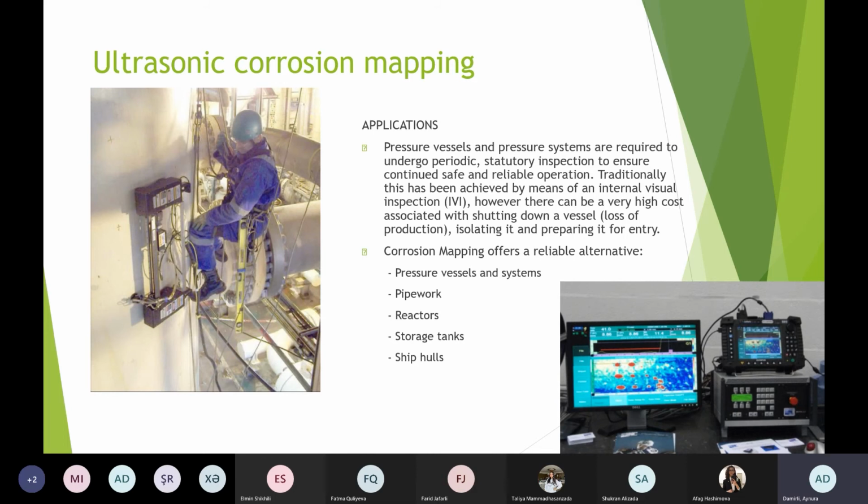We can externally see what's happening inside the vessel. When I talk about inside, I mean the internal part of the metal. This external part is what we are inspecting, and we see what degradation happened internally on this equipment. The tool shows red colors, which means some degradation happened and some actions need to be taken.